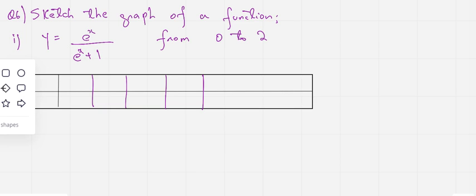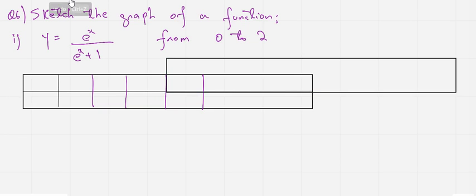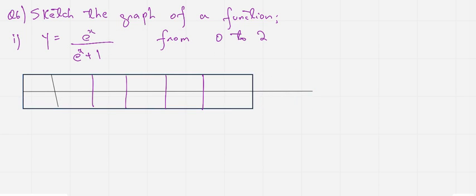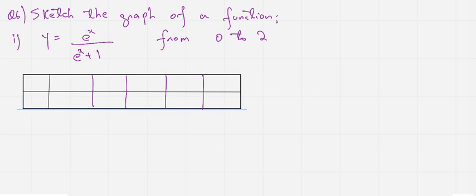So how about if I just minimize this? That's much better. Same thing I'm going to do with the line as well. There you go.